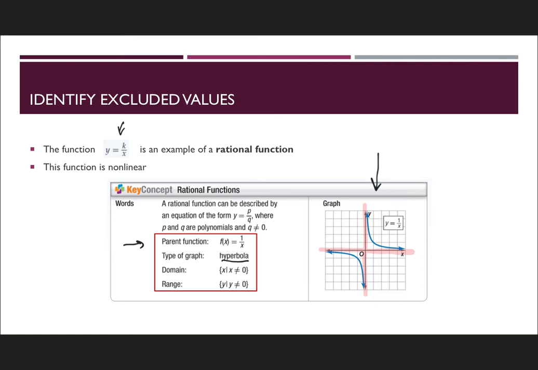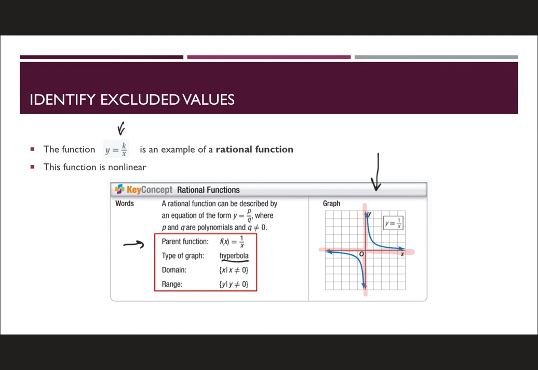You can stretch back to the beginning of your memory, we learned earlier this year, these lines that the graph approaches and gets really, really close to but doesn't cross, these are called asymptotes. All right, and because the graph doesn't cross that line, it affects our domain and range. There's a hole there now, and our domain and range will reflect that hole.